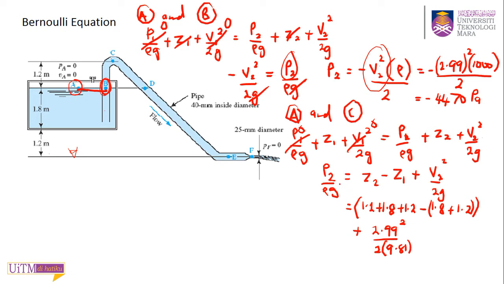And to find P2 you just multiply this with rho and G. Then it should give you the pressure at point C.